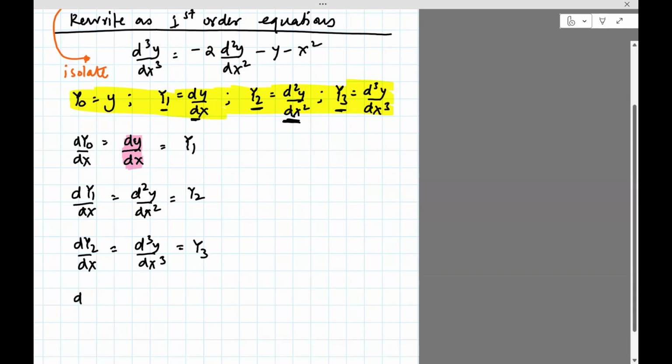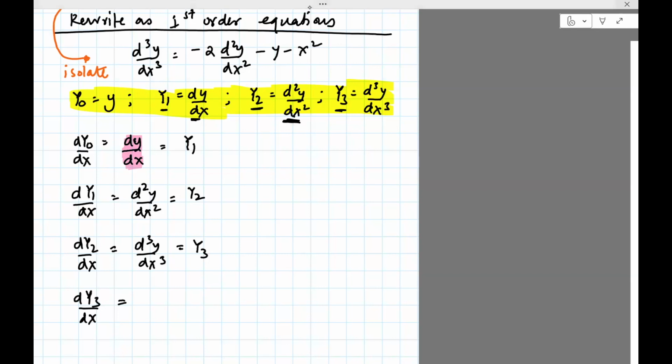And then dy3 dx. I don't think I need y3. Yeah, so my bad.